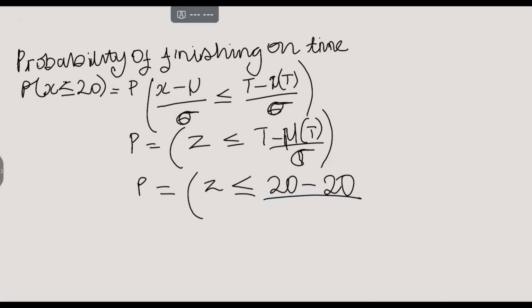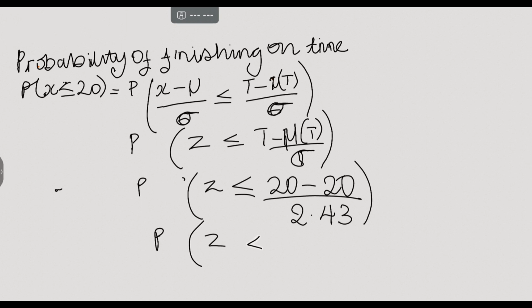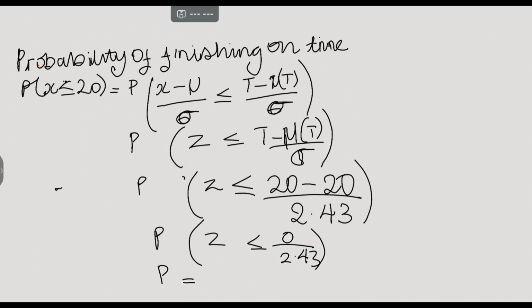It is divided by your standard deviation, which we calculated using the critical path. So we come here, and 0 divided by anything is always 0. So Z is less than or equal to 0.